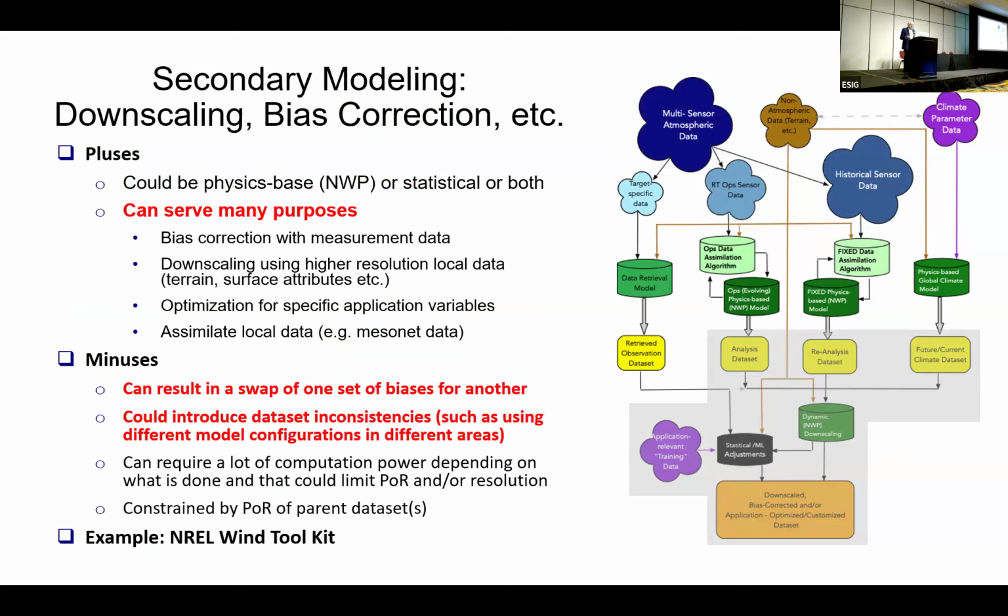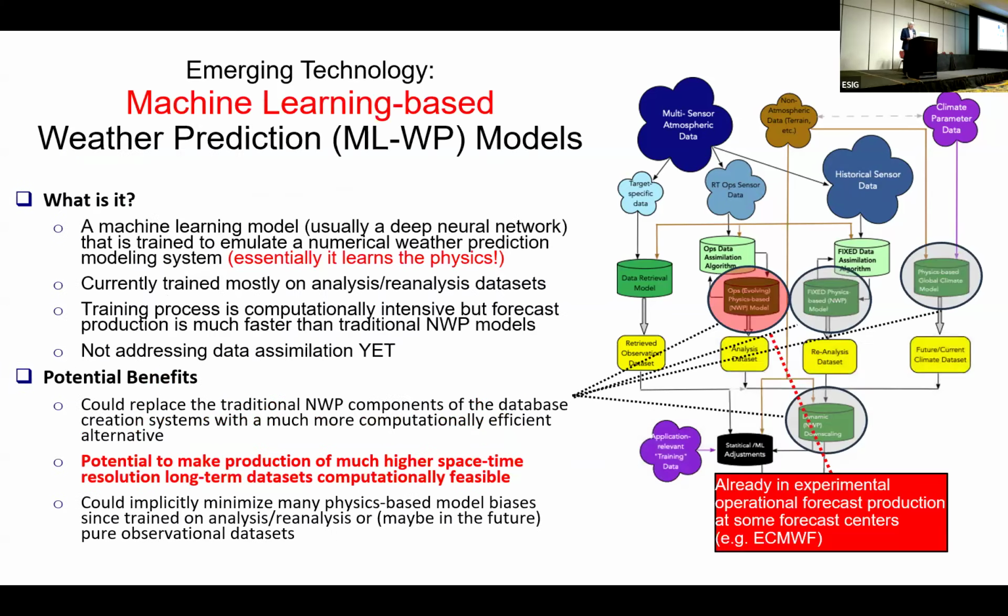So this can serve many purposes: bias correction, downscaling, optimizing for specific applications. But we have to be careful, because you can swap out one set of model issues for another set of model issues, depending on how you apply the back end, right? So again, you have to do a lot of validation.